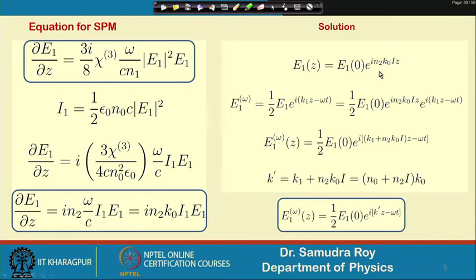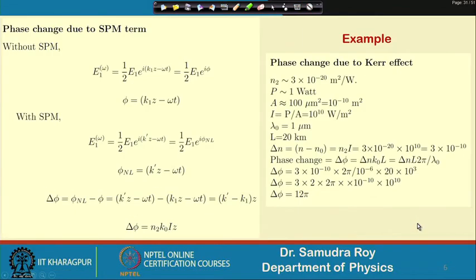But if I write this term together, then we will have a solution, and this solution suggests that the field is going to change, because the propagation constant k prime is now changed because of this nonlinear effect. So, this solution we have already done. Just once again, you can do it in this way also.